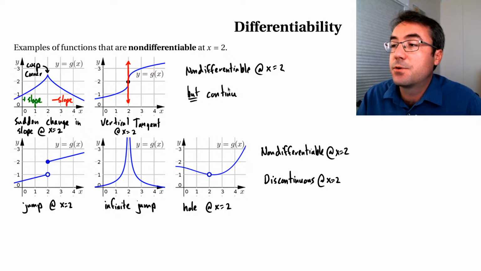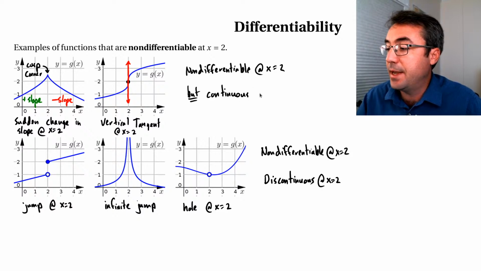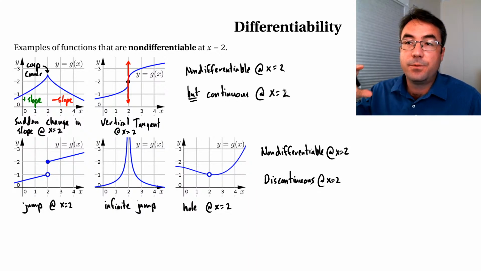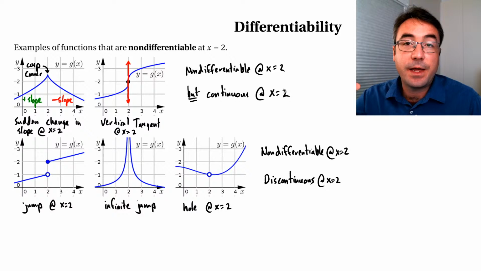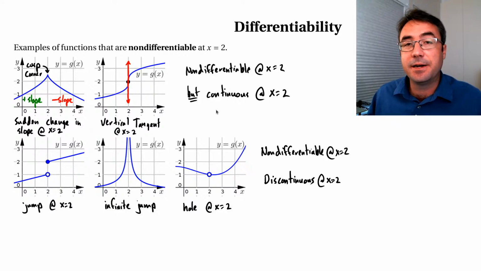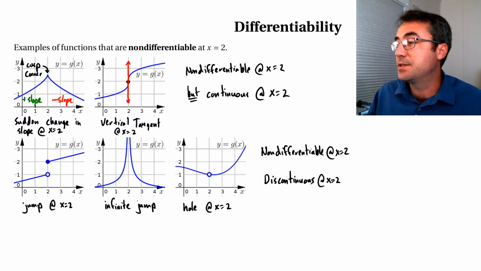So we've seen some graphs here that are non-differentiable but continuous, and we've seen some graphs that are non-differentiable and discontinuous. And we're going to come back to that idea. There is a relationship between discontinuities and non-differentiable points, and we'll see that in just a few minutes.